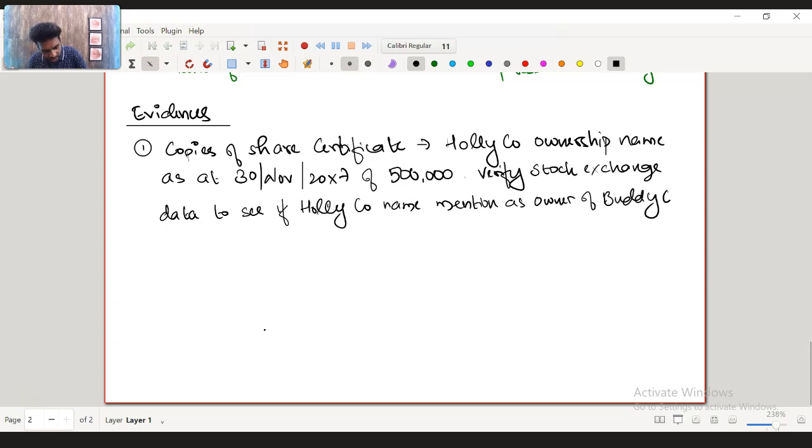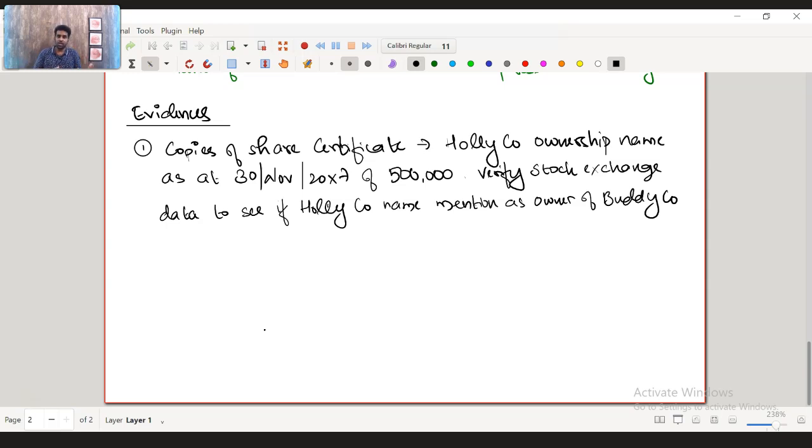So you can go to the relevant stock exchange website. Every company will have a stock exchange website. You can find Buddyco's data over there, and if you open it, you will come to know who the owners are. From there, you can identify the percentage and the number of shares invested by Wholly Company. All of those things you will find out there itself.